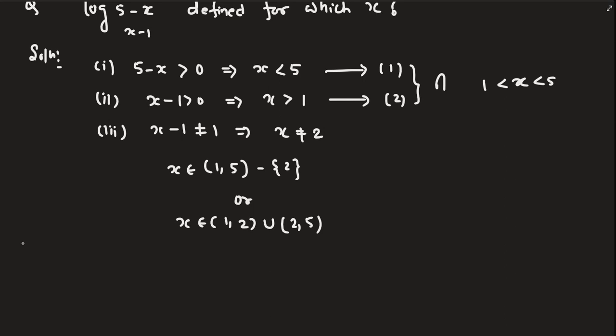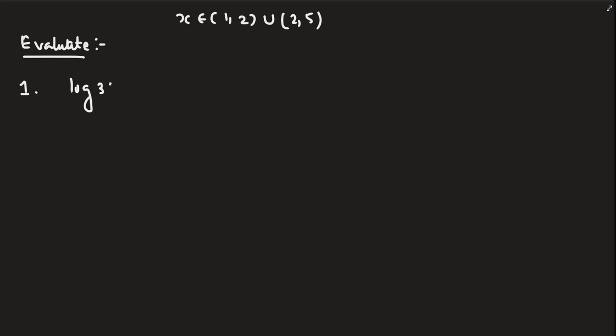Now, for the basic purpose, so that you cannot forget this definition and these restrictions, we are going to evaluate some problems one by one. Question number 1: find log 32 with base half. First of all, what will be the power of half so that we get 32?